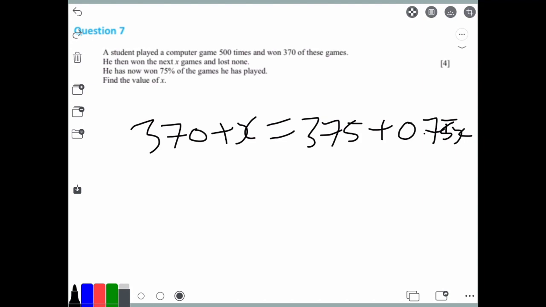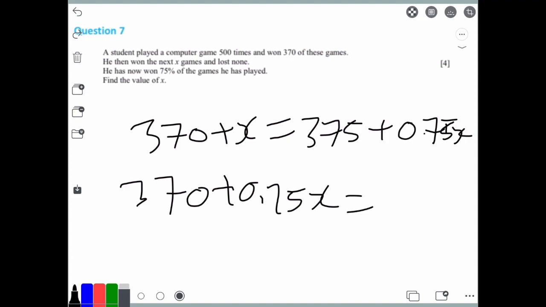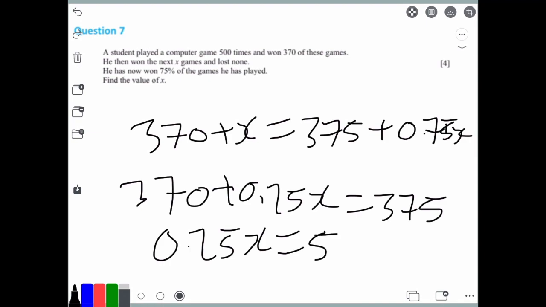We now can take away 0.75x from both sides to get 370 plus 0.25x is equal to 375. From this, we see that 0.25x equals 5, and therefore x equals 20.